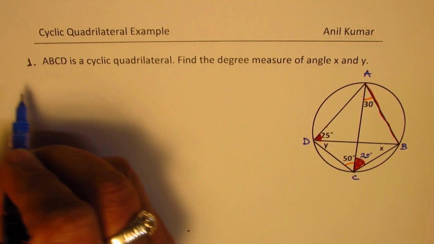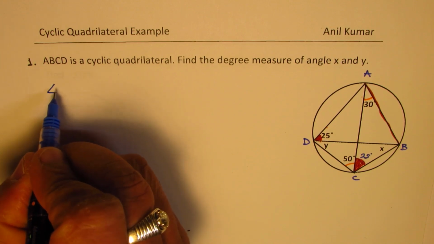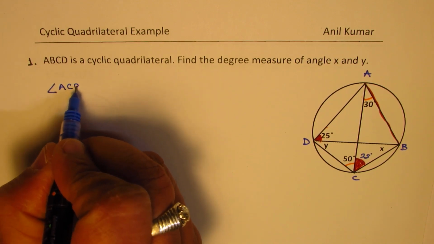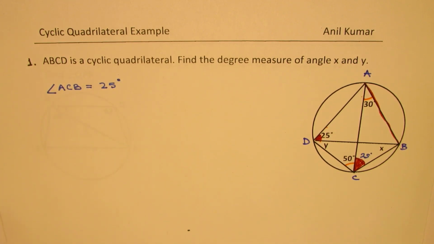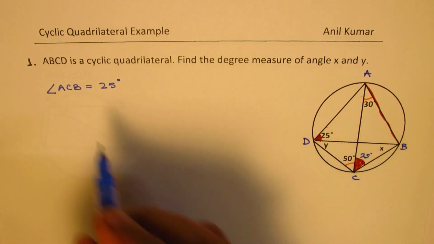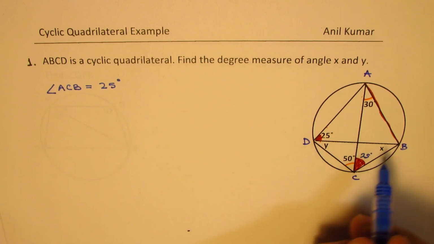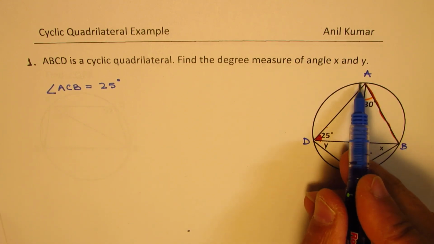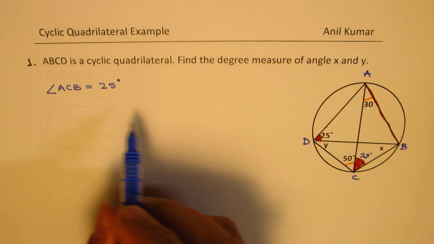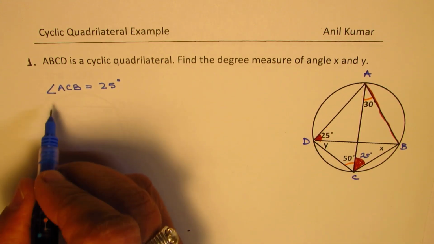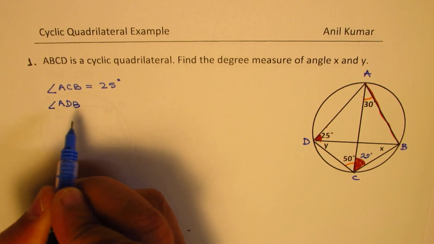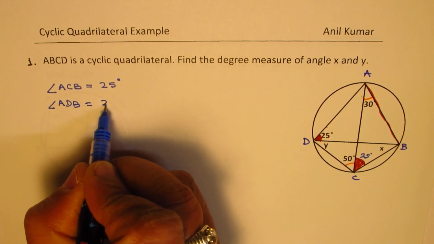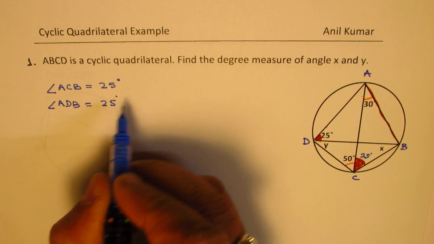So what we get here is that the angle ACB is equal to 25 degrees, and the reason is that it is equal to the measure of the arc AB, right? Because angle ADB is equal to 25 degrees, right?